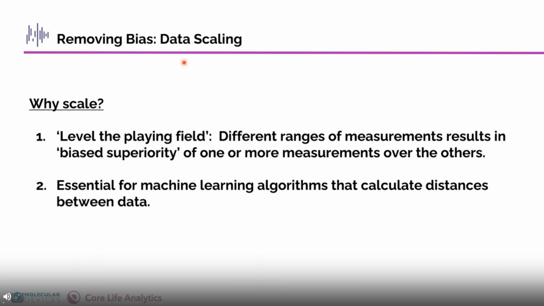So that introduces bias in your dataset. So you need to essentially level the playing field across all of the features that you've extracted. Data scaling helps to take care of this problem. This is also important for machine learning algorithms that calculate distances between the numbers.